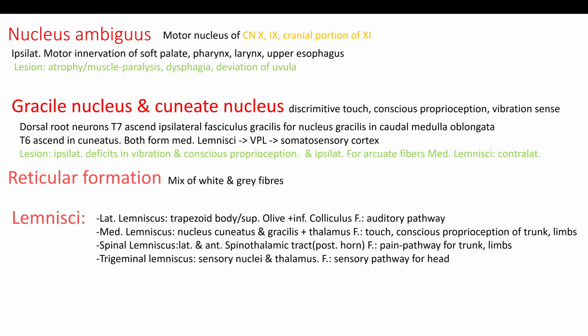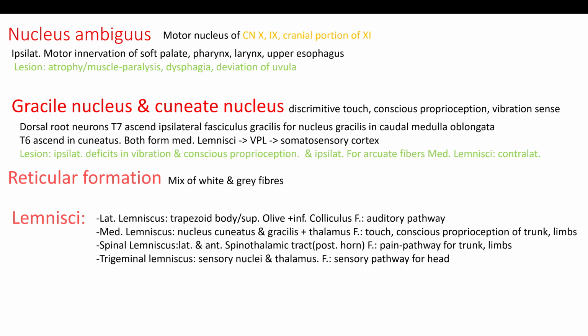A lesion results in atrophy, lower motor neuron signs, and paralysis of these muscles, producing nasal speech, dysphagia, dysphonia, and deviation of the uvula towards the contralateral side. There is no problem with the sternocleidomastoid and trapezius, because it is only the cranial portion of CN XI that is within the lesion; the spinal portion is located in the spinal cord.